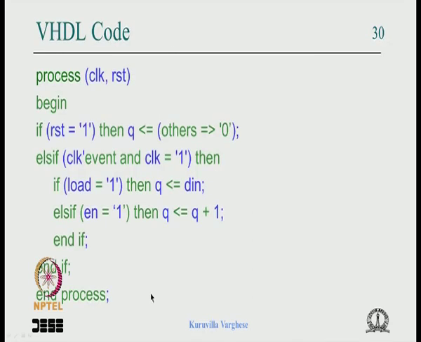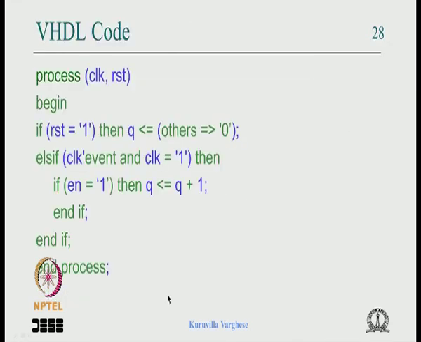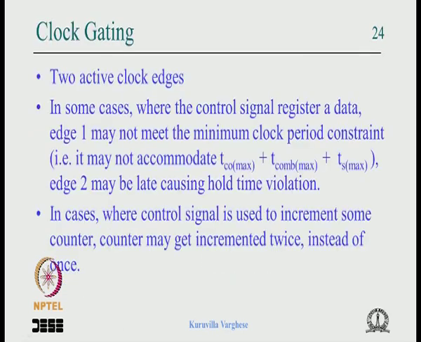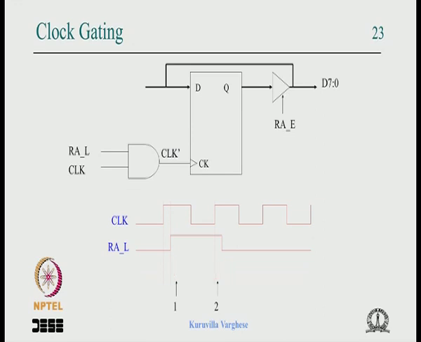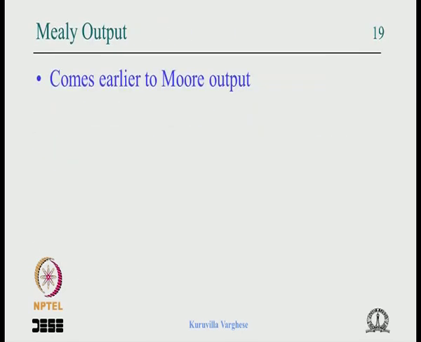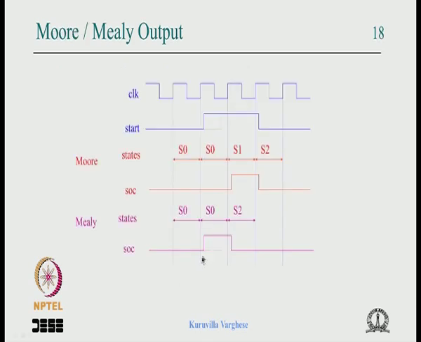So that is what we have. I think we have come to the last part of the lecture. Before taking up a new portion, I would briefly tell what we have done. We have looked at the Mealy and Moore output, and we have seen that Mealy has an advantage: the number of states is less and the output comes early, but there is a problem of glitch.